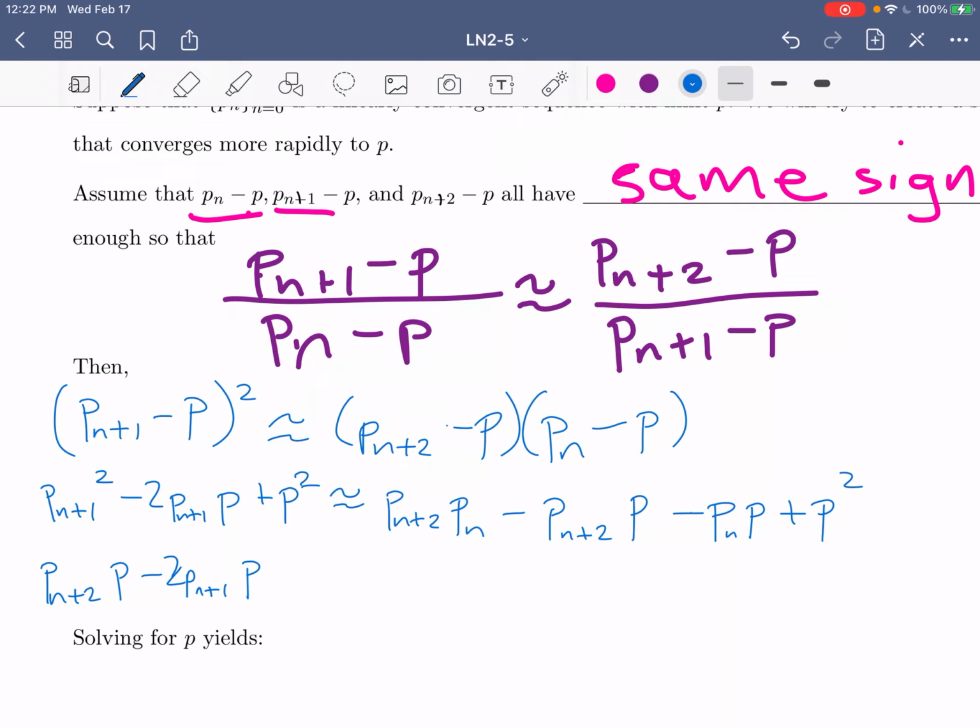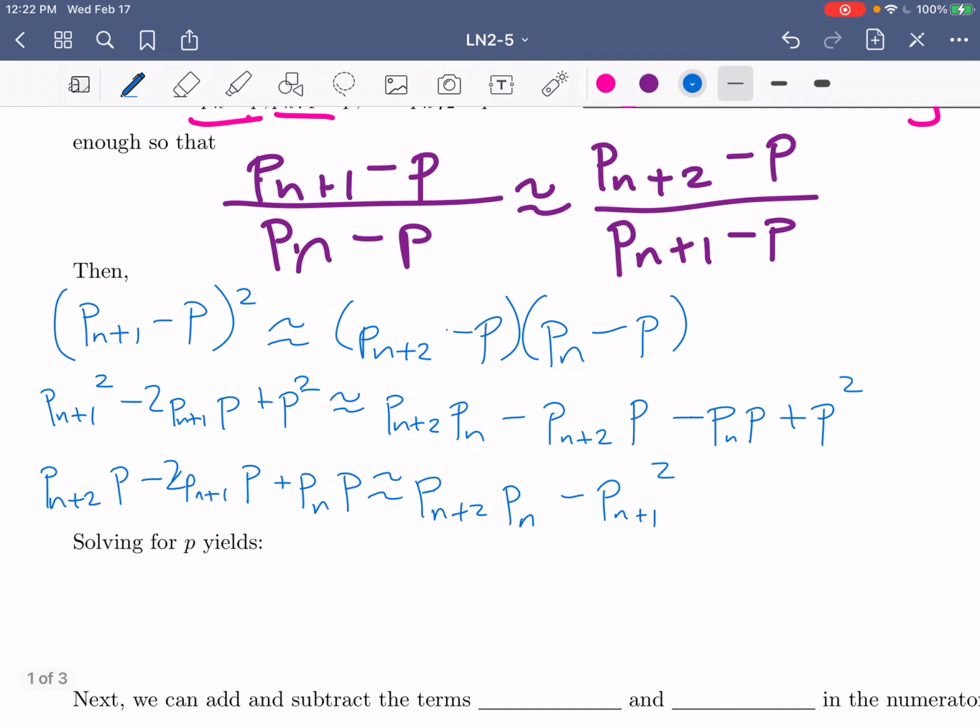The p squareds will cancel out. Then we'll have plus p sub n times p. That should be approximately equal to p sub n plus 2 times p sub n minus p sub n plus 1 squared.